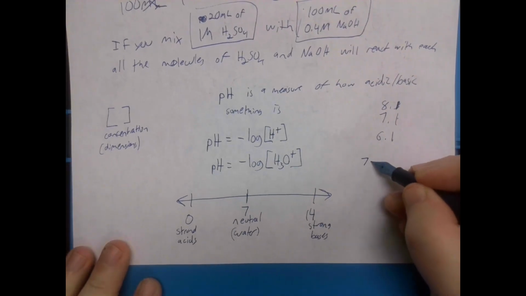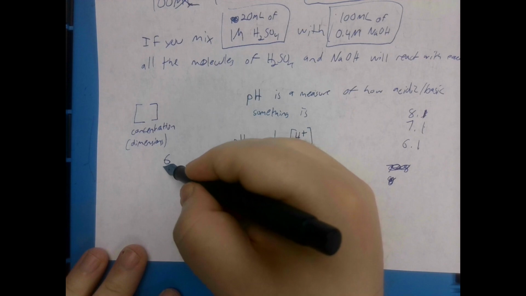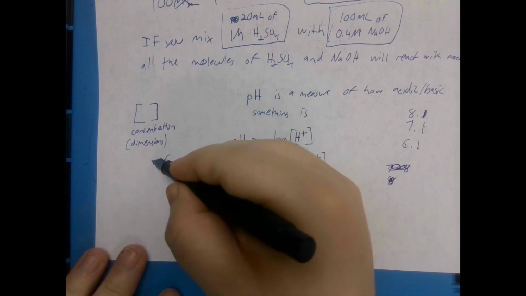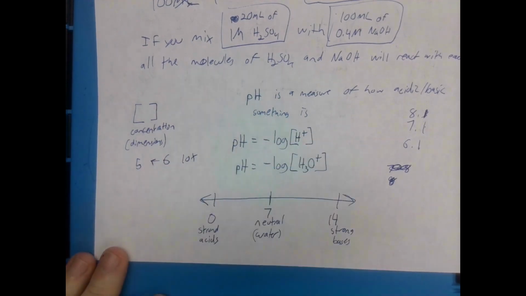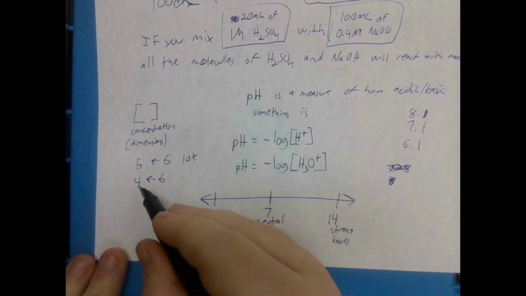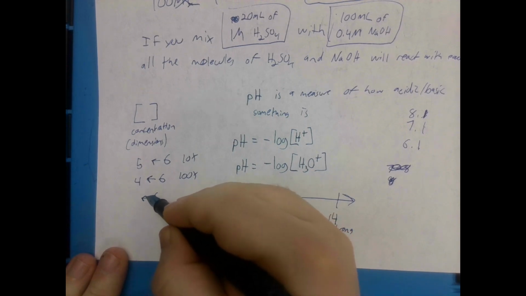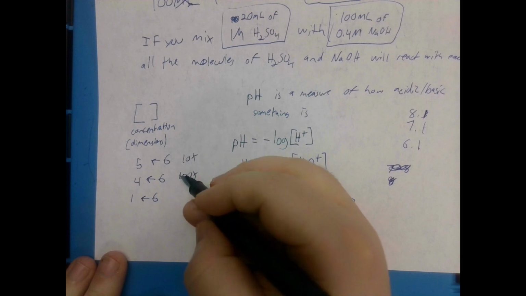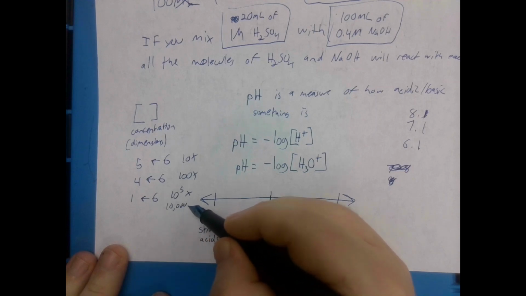So the difference between an acid with a pH of 6 versus an acid with a pH of 5: this acid here is 10 times stronger, 10 times more acidic. 6 versus 4, 4 is 100 times more acidic. 6 versus 1, that would be 10 to the 5 times as strong. So 100,000 times as strong.